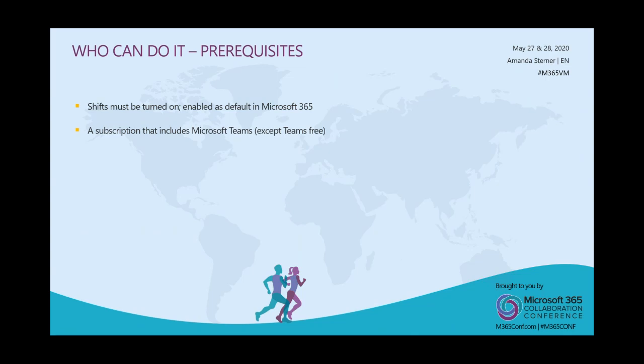You also need a subscription that includes Microsoft Teams, and this was probably more relevant before, as Shifts wasn't available to the government subscription, but it should have been added now. So everywhere except Teams free, which makes sense.